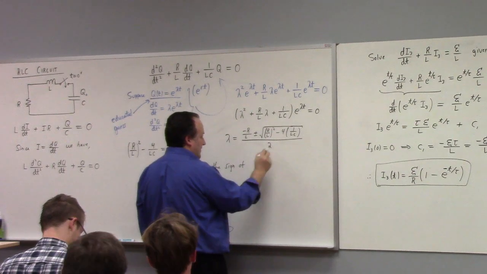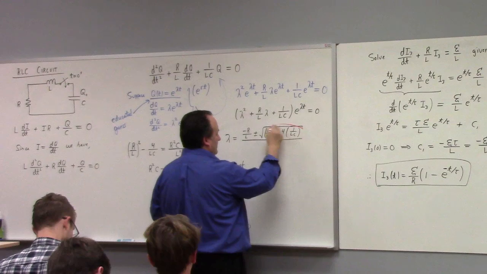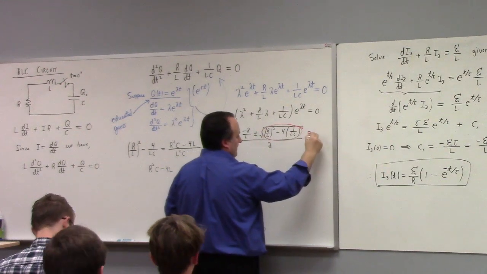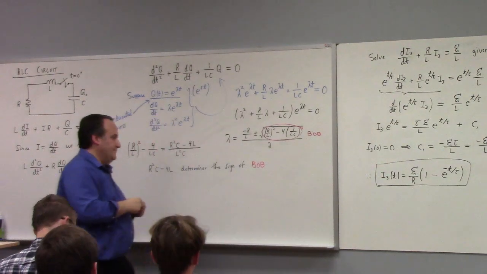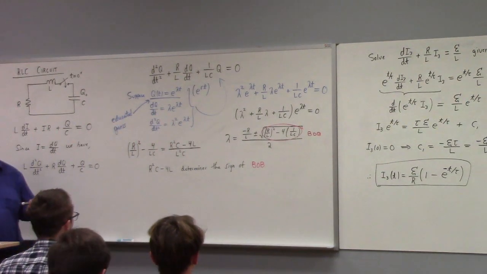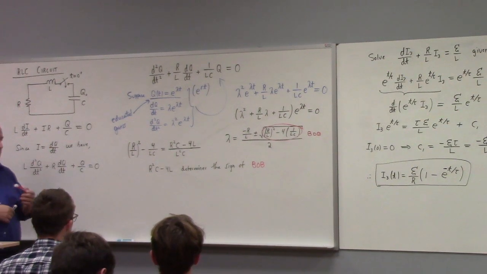I don't want to write it again. Let me just give this thing a name. Bob. Right? So depending on whether that's positive or 0 or negative, you get different kinds of solutions.